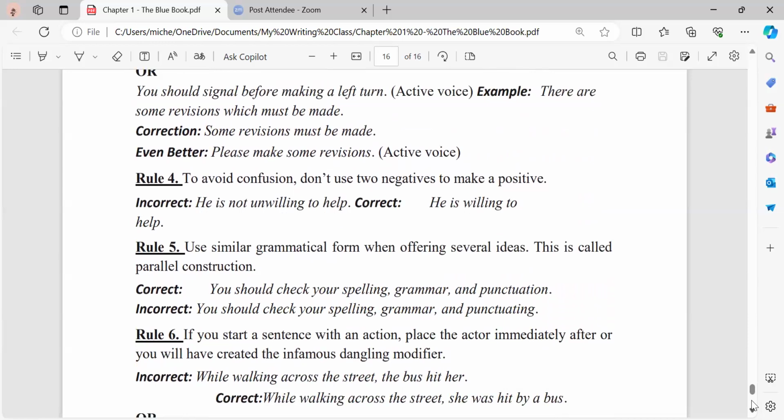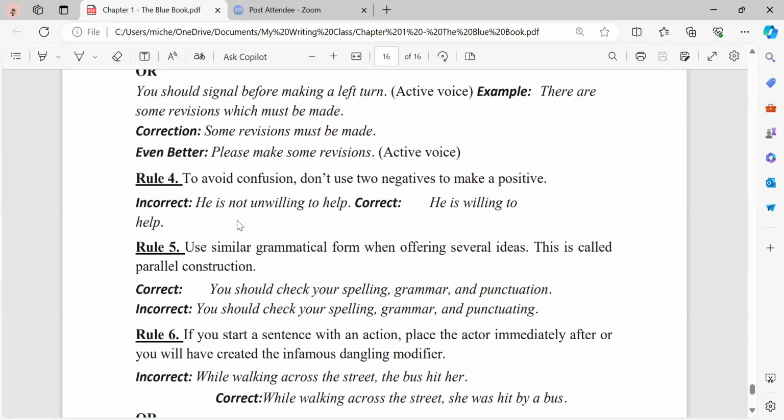And then rule number four: to avoid confusion, don't use two negatives to make a positive. So, he is not unwilling to help. Now, this is incorrect because it sounds confusing. Two negatives.